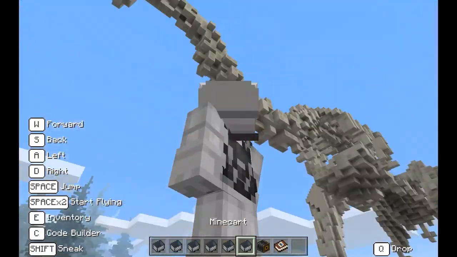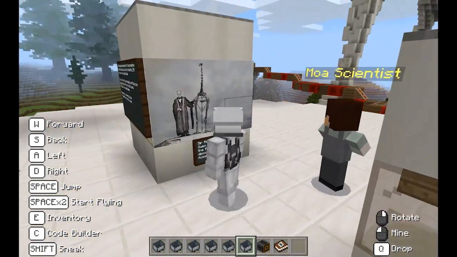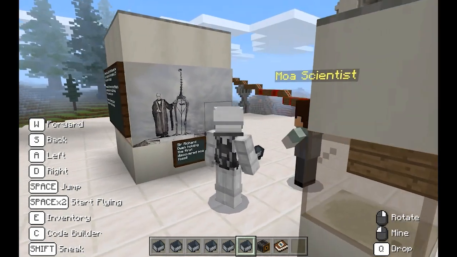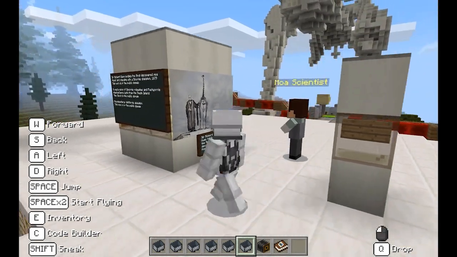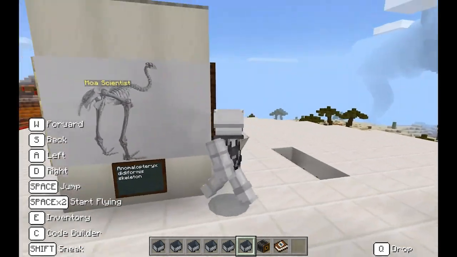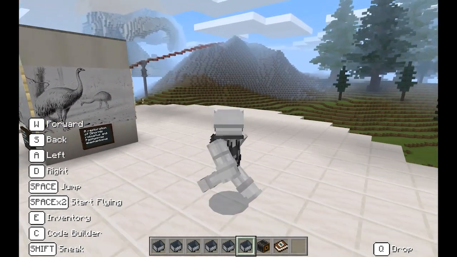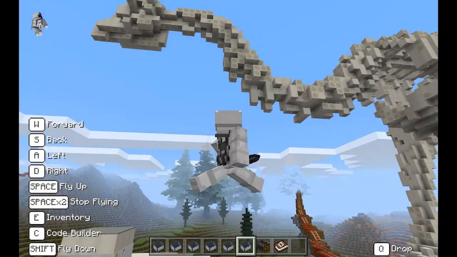Poor moa. Let's take a picture of the moa. Let's look at its pictures. Whoa, so there's a man, Sir Richard Owen, holding the first fossil of the moa. Look how tall it is. It's like a giraffe. There's another skeleton. Another illustration of one from an artist. Ooh, we're going to have to back up to get a good picture of this one.